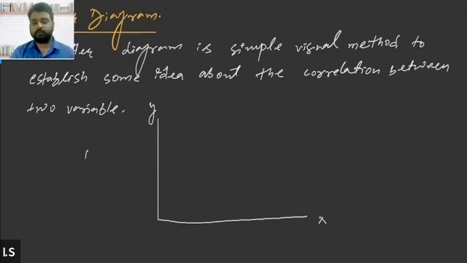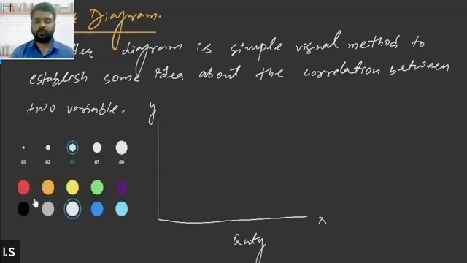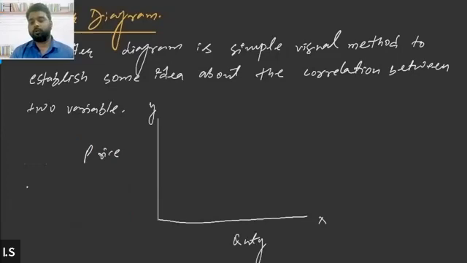Let's take one variable as price and the other as quantity. You will be provided with the information regarding the two variables, and using it you will be required to plot the values on the diagram.